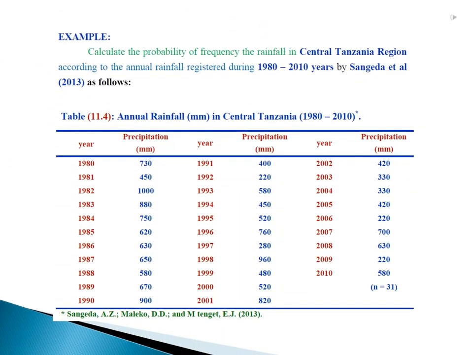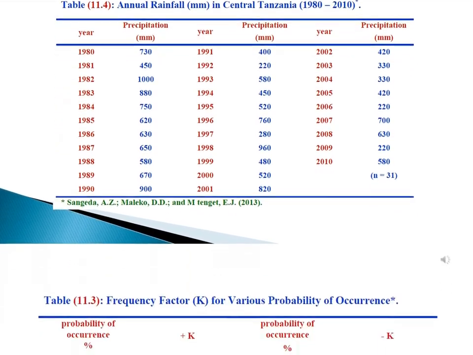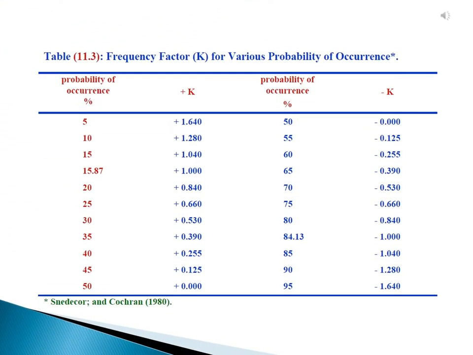Look, my dear, an example for calculation of the probability of frequency rainfall in Central Tanzania Region according to the annual rainfall registered during 1980 up to 2010, as shown in the enclosed table. Table showing the frequency factor K for various probabilities of occurrence.